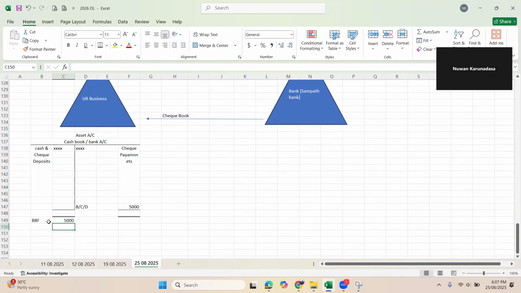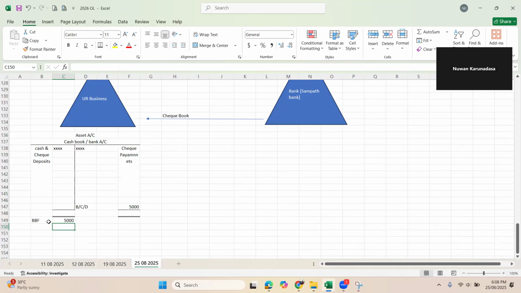So very important, take it carefully. We have maintained a cash book in our records based on the asset principle. As per the cash book, the balance shown is 5,000. I am so confident that I have written all the transactions in my cash book.